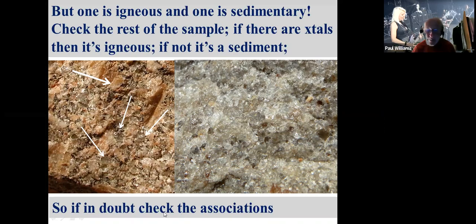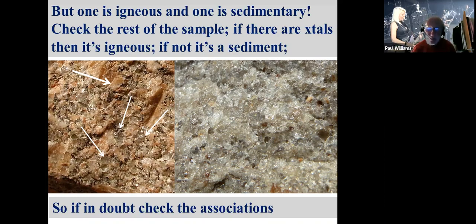So as it says down there, check the associations. This granular anhedral quartz is associated with crystalline material, recognizably crystalline material. Therefore, this is an igneous rock. In this specimen, it is not associated with any identifiably crystalline material, so it is much more likely to be a sediment.